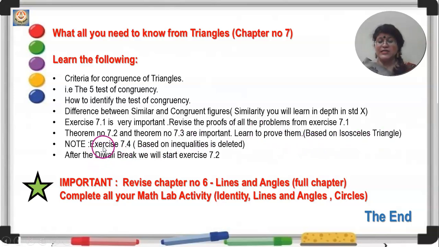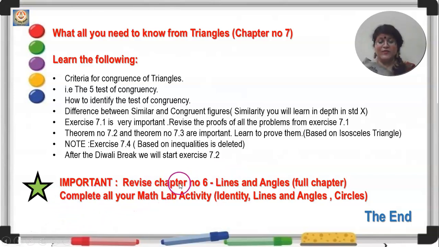And please note that exercise 7.4, which is based on inequalities, is deleted. You also don't have the next exercise, that is exercise 7.5. And students, after this break, we are going to start with exercise 7.2.